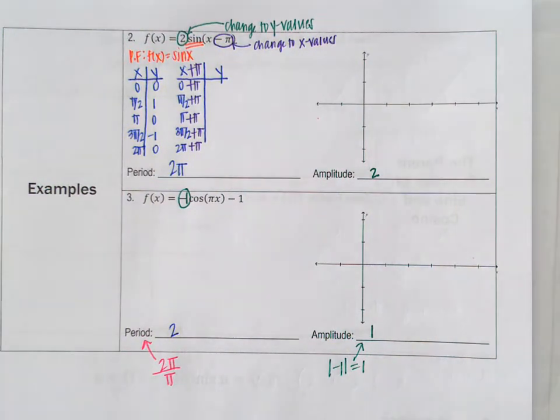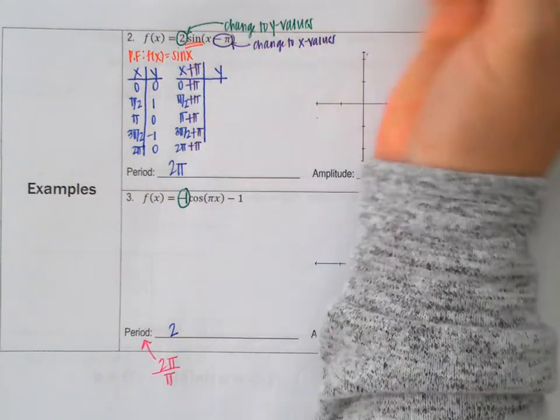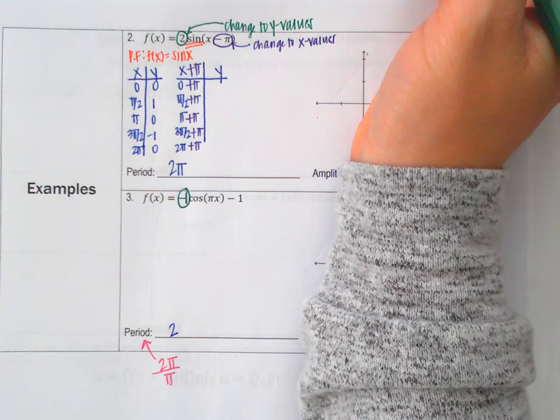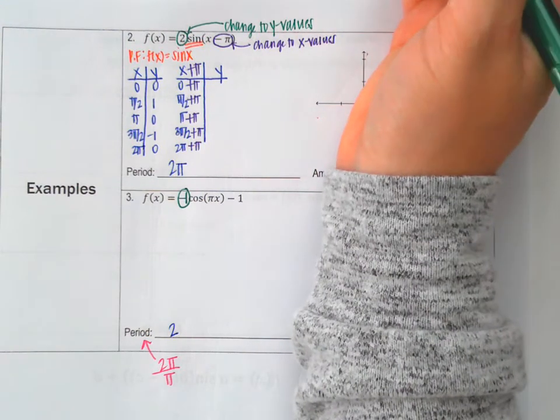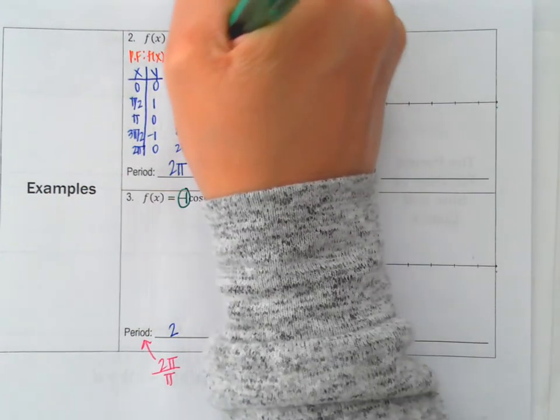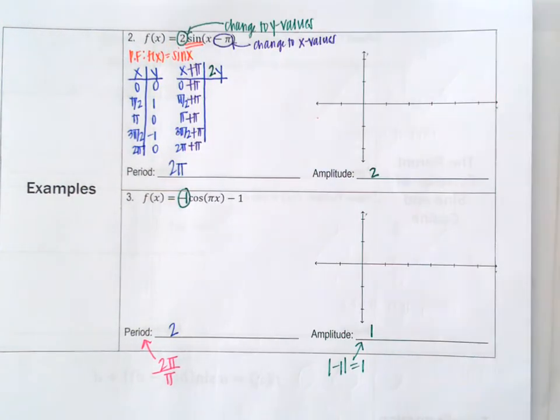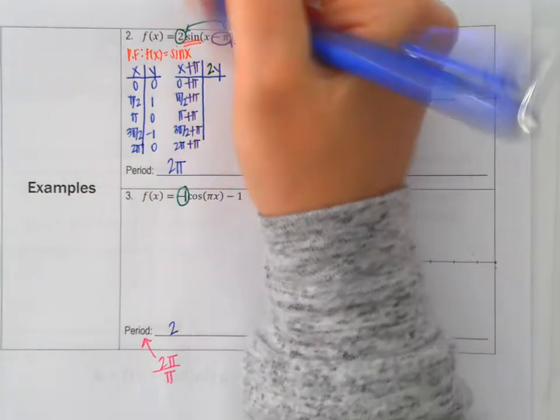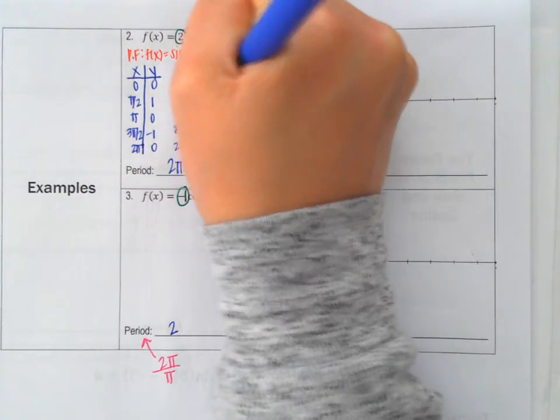And then my 2 is changed to y. So for y values, do we do the same operation or the opposite operation? It's the same operation, so we'd multiply all of my y values by 2.